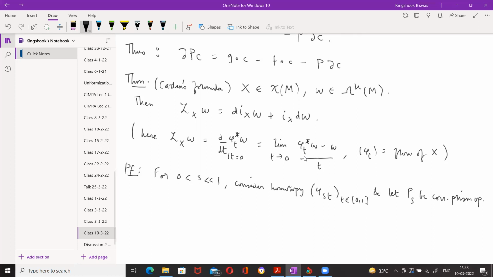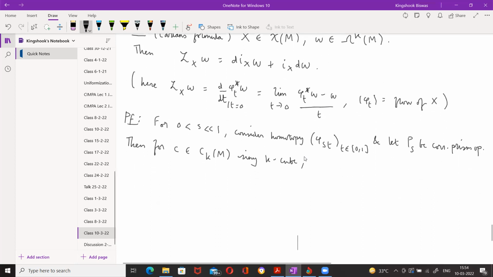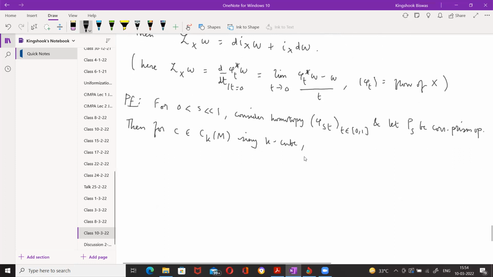Okay, so then for c in C_k(M), a singular k-cube, what do we have? If I look at the boundary of P_s of c, that is again a k-cube, because P_s of c will be a (k+1)-cube in M, and then taking its boundary will give me back a k-cube.